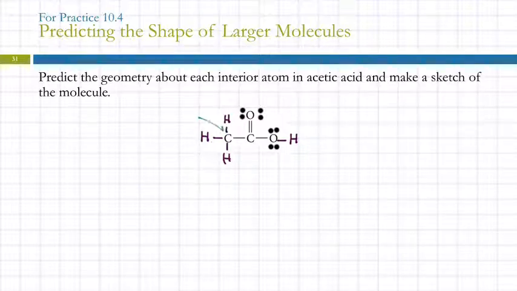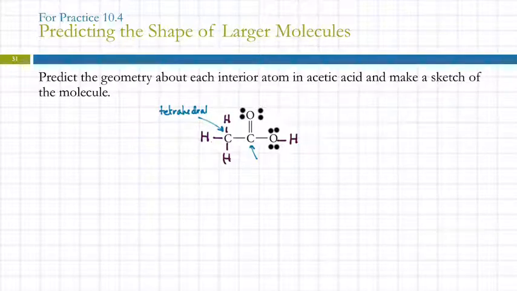So let's look at this carbon. How many groups? 4. Are there any lone pairs? No. So that one is tetrahedral. How about this carbon? How many groups? 3. Any lone pairs? On the carbon?